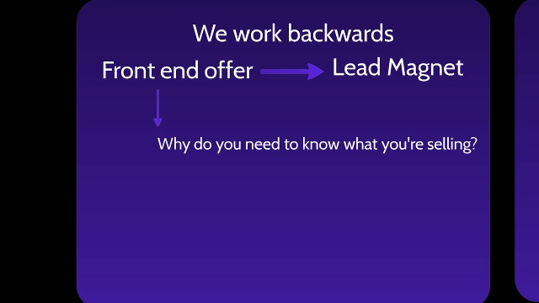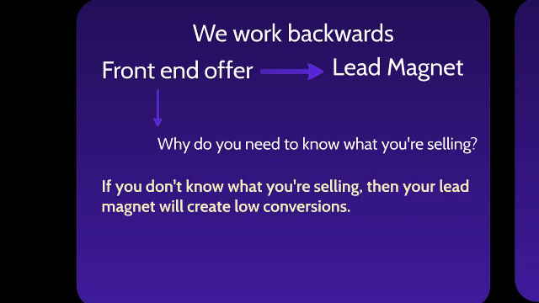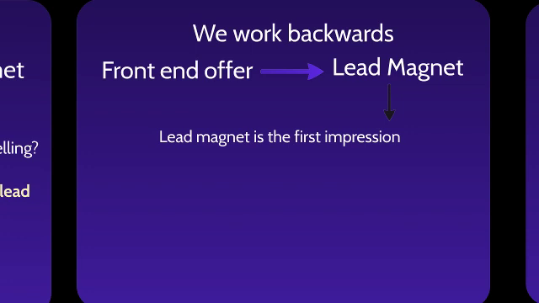So why do you need to know what you're selling? Well, if you don't know what you're selling, then your lead magnet will create very low conversions. You're not going to set the expectations, because you'll lack congruency. The lead magnet is going to set the tone, so it's very, very important, and it'll set the expectations.